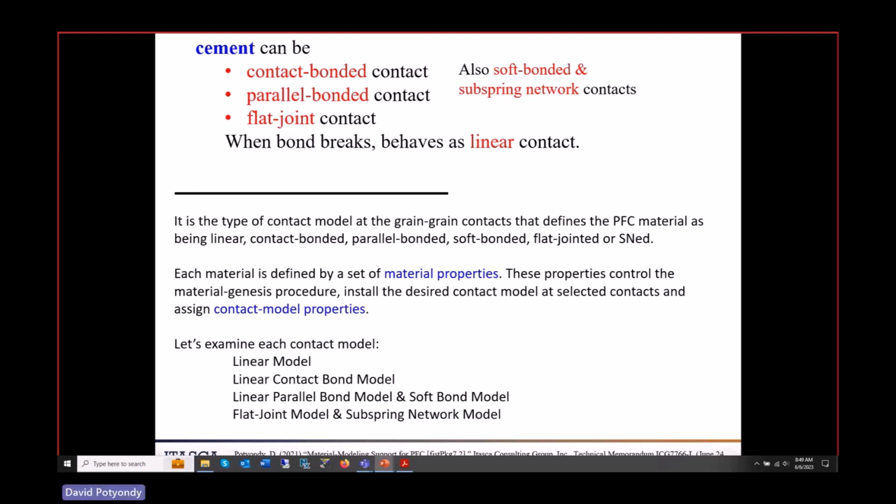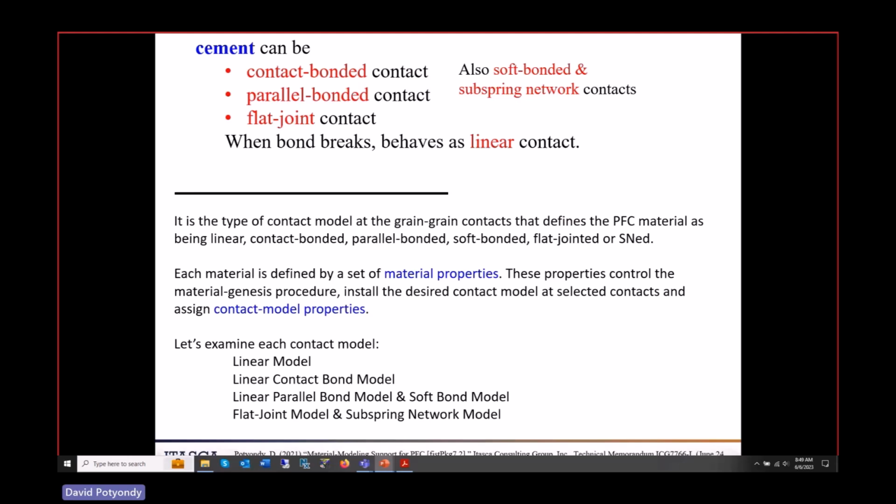The most important one is the initial confining pressure that you use before you bond them. The higher that initial confining pressure, the more overlap there is at the time we put in the cement. Often we set that initial confining pressure to be very, very small so that we have a tightly packed system without much overlap.